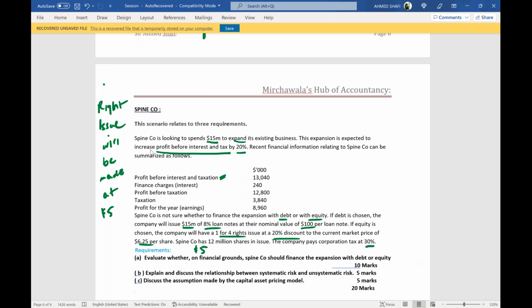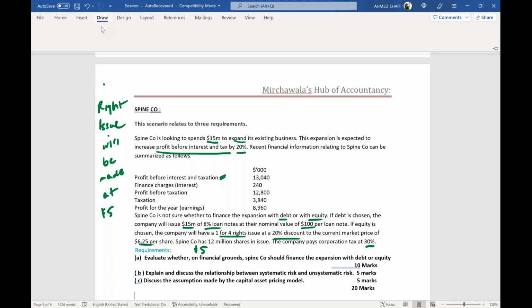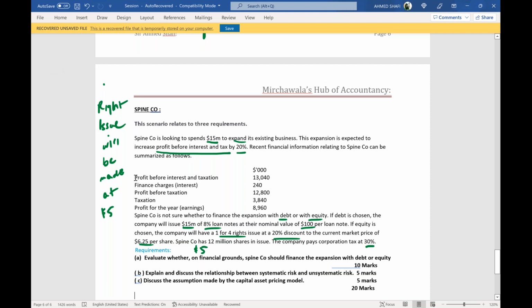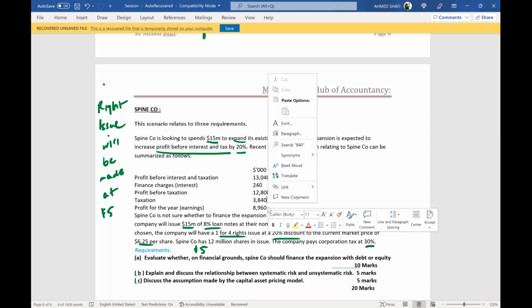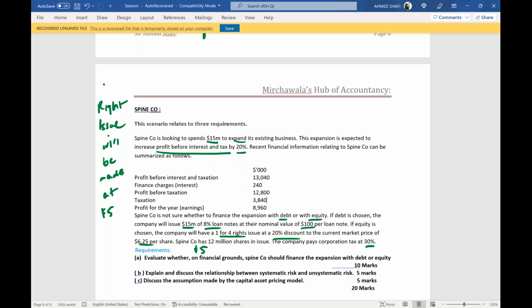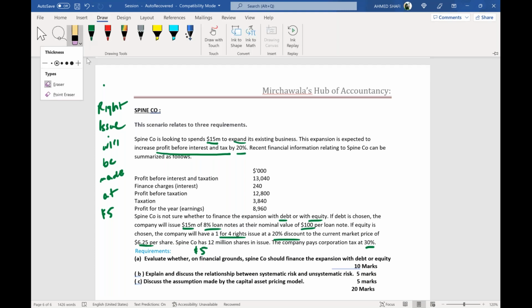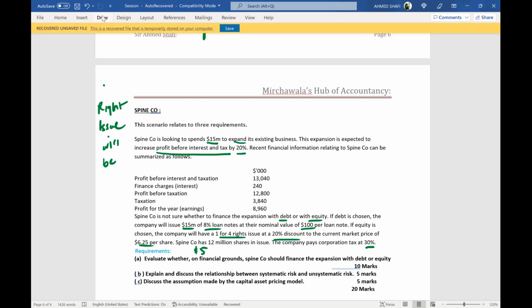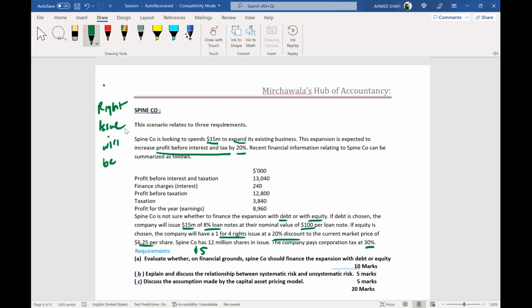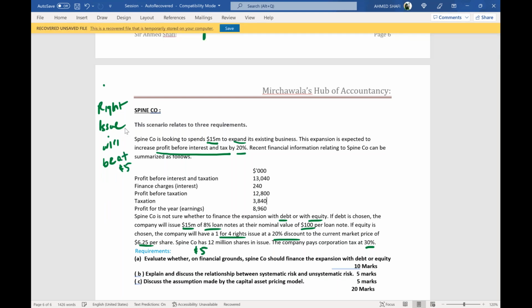Let's just draw the summary of the question first. I'm copying the information from the scenario first.